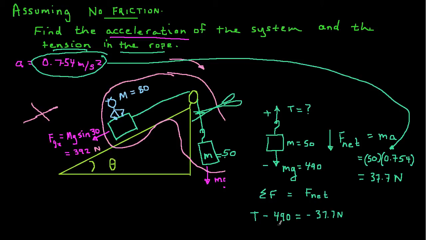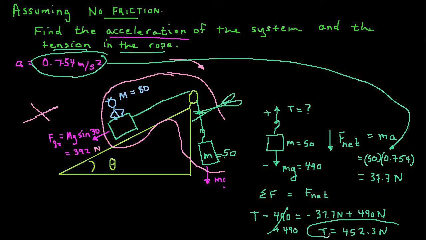So to solve for T, I'm going to add 490 plus 490, and I come out with the tension is equal to 490 minus 37.7. That's going to be 452.3 newtons.